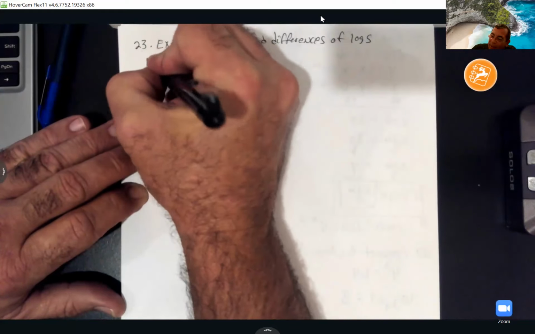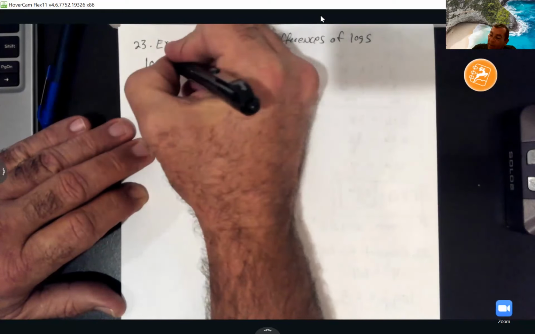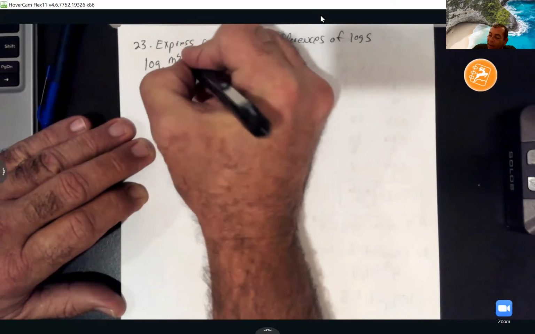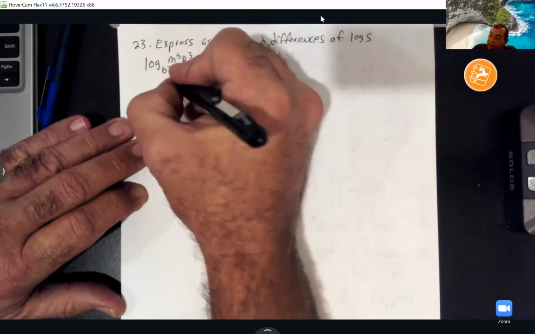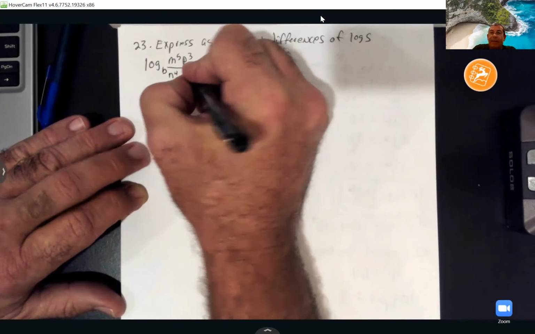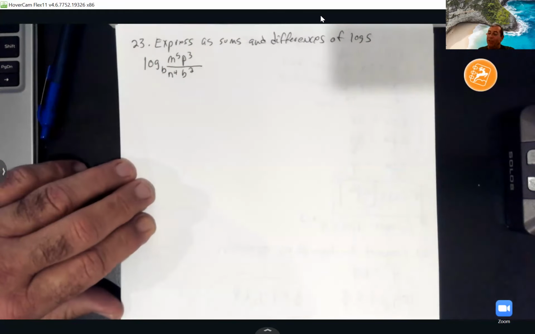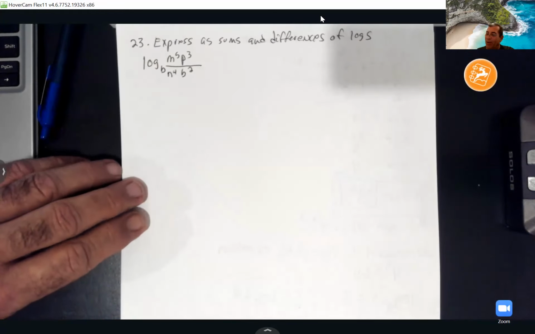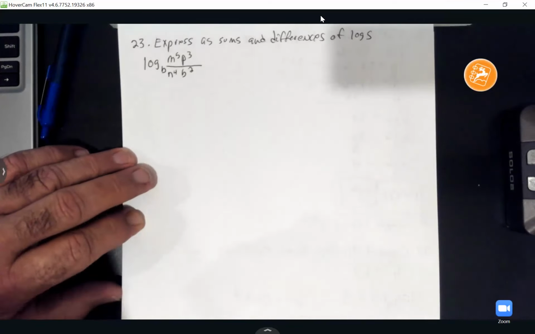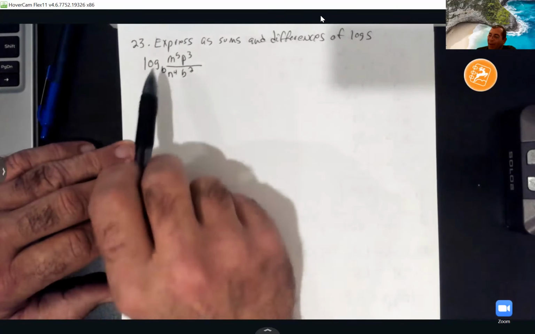Log base b of m to the fifth, p to the third, over n to the fourth, b to the second. It looks just like your test question. This is 16.